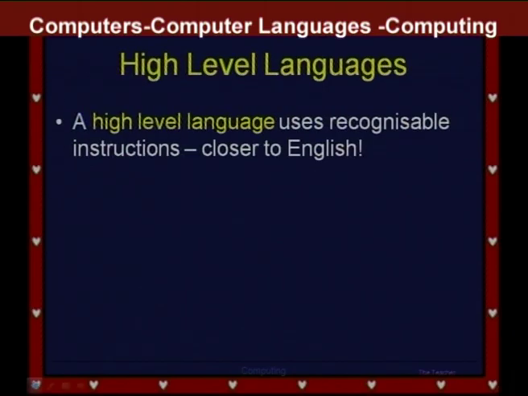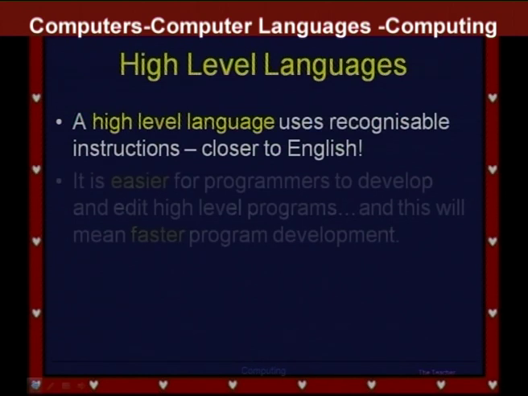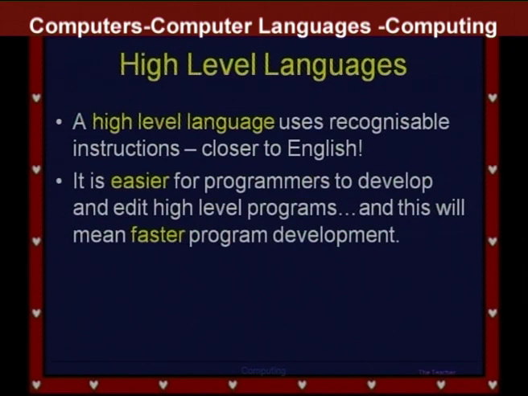High-level languages are very close to English. It is almost like English. The developer, the human, can understand this language by reading it. This is mostly programming. When it comes to programming, the programmer, the one who codes or develops the application, will use high-level languages.